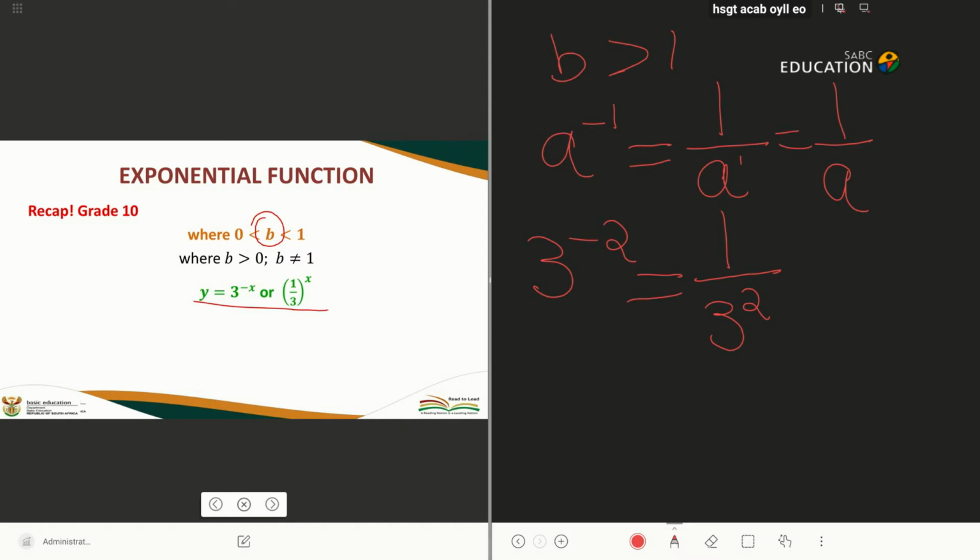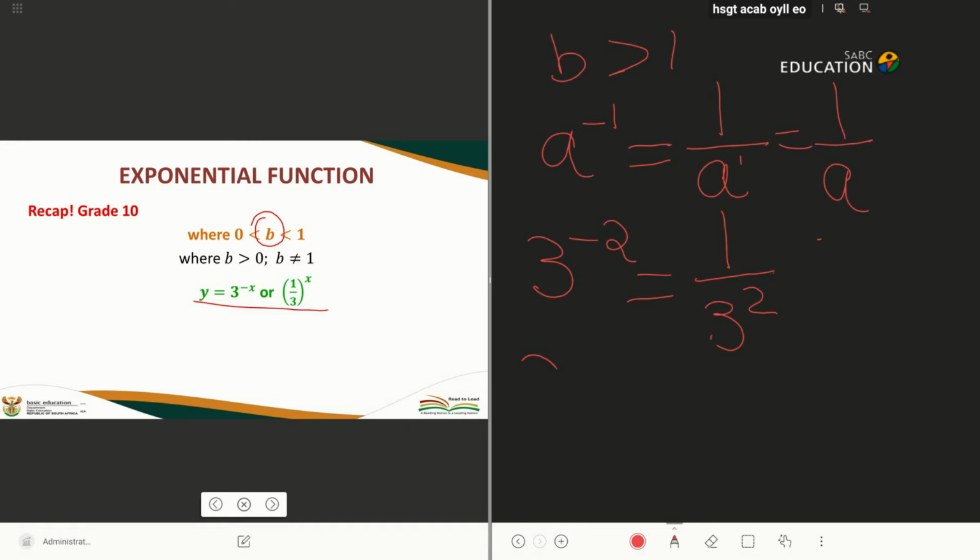So that is why here we have y is equal to 3 exponent minus x, or 1 over 3 exponent x, because when we change the laws, we have 1 over 3 to the exponent of x.